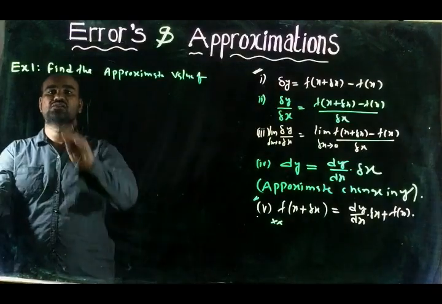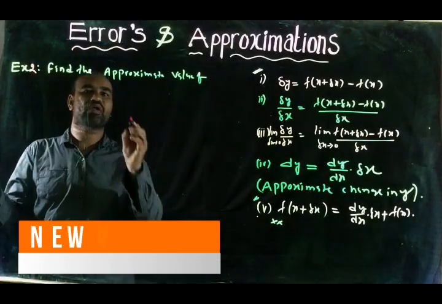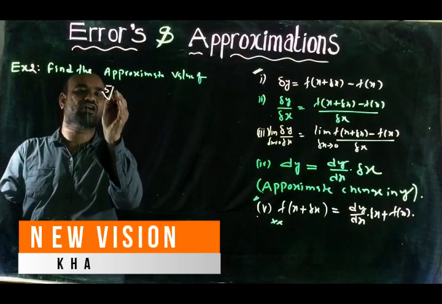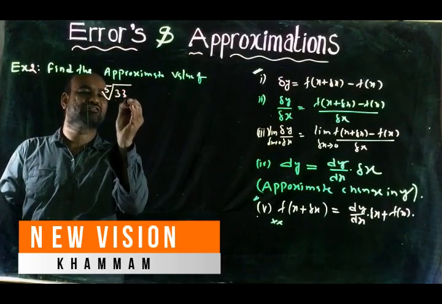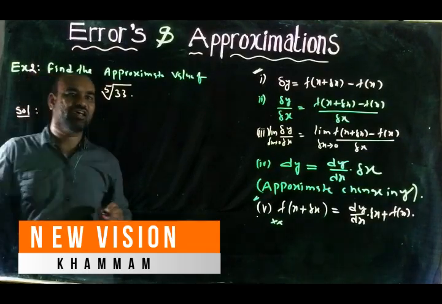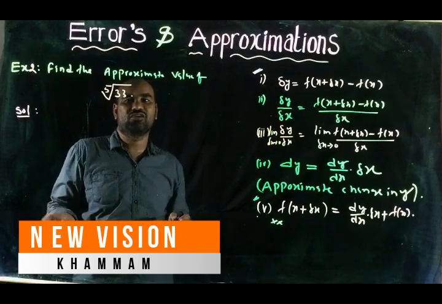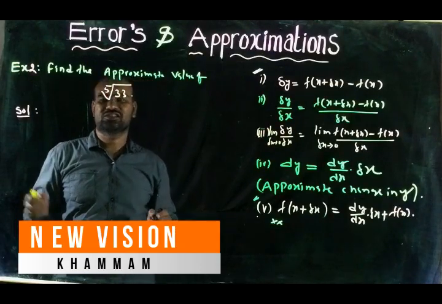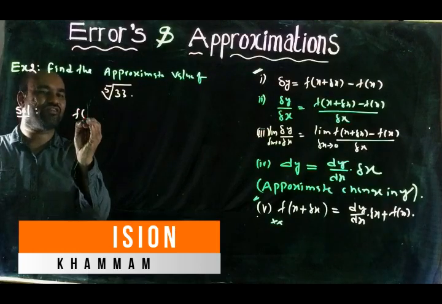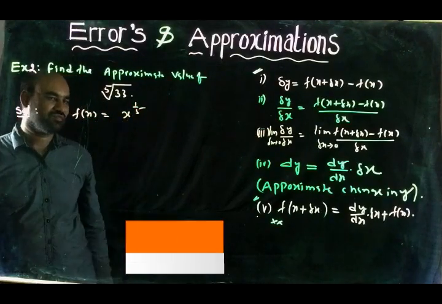Okay students, example 2, find the approximate value of fifth root of 33. Solution. Listen with care. Fifth root of 32 is 2 only. That's why f of x is taken as x power 1 by 5.